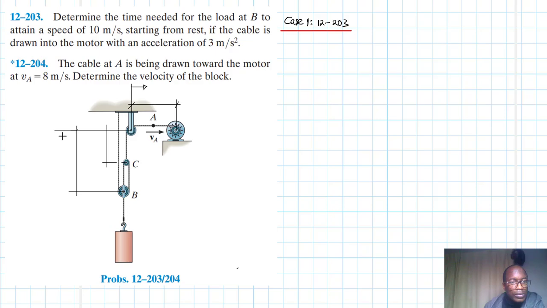There we go, our reference here is going down, that is our positive. So this is positive going down, and this is positive going this direction.